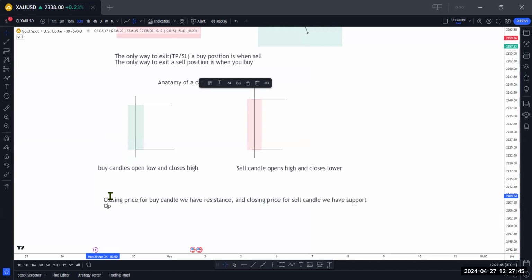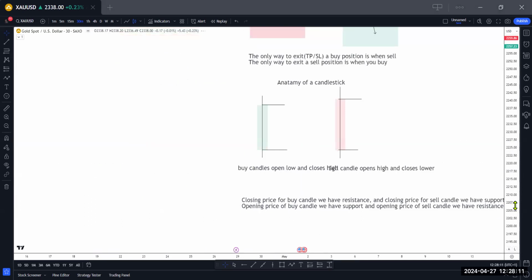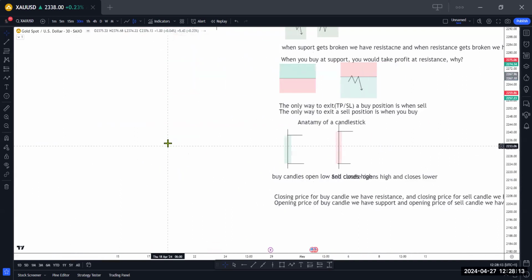Opening price of buy candle, we have support, and opening price of sell candle, we have resistance. See, this is very, very important, right? This is very important.